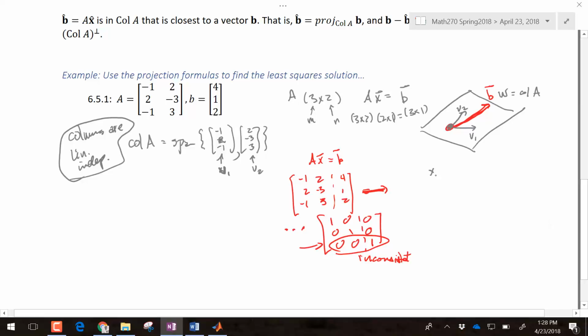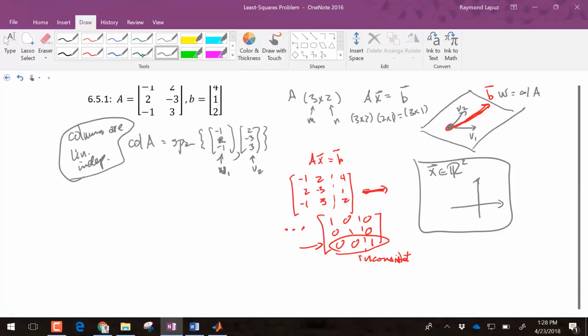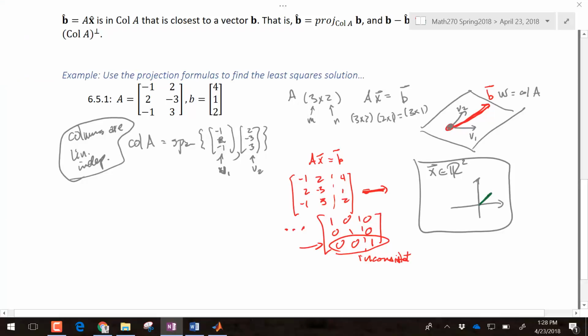The X vector is some vector in R2, and that vector in R2 is transformed by A onto a vector in R3.